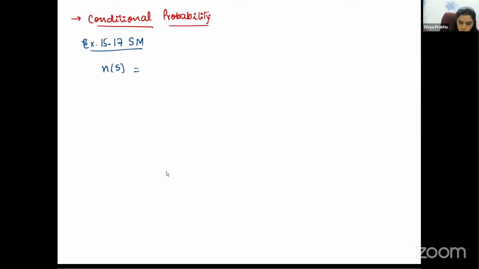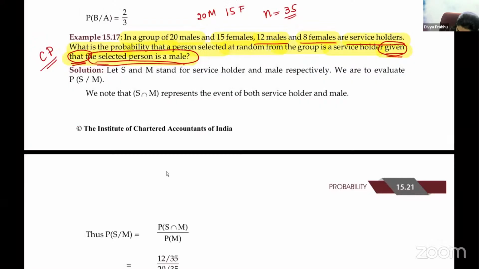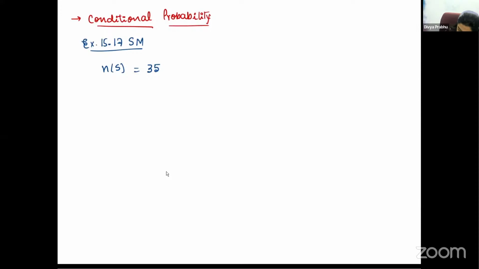N of S is equal to total, which is 35, correct? We calculated the total here, which is 35. So, N of S is equal to 35, the total number of outcomes. In this, what is the probability of getting a service holder? First, we have to calculate individual events.